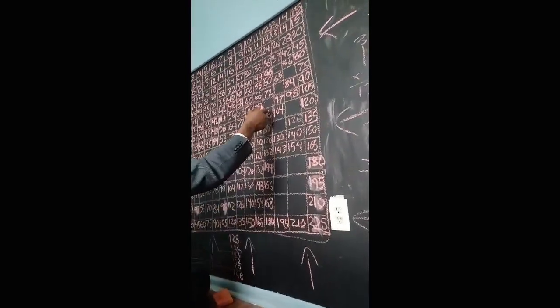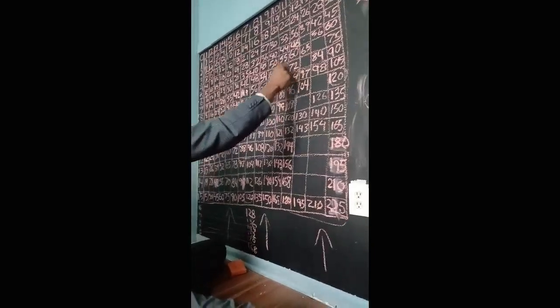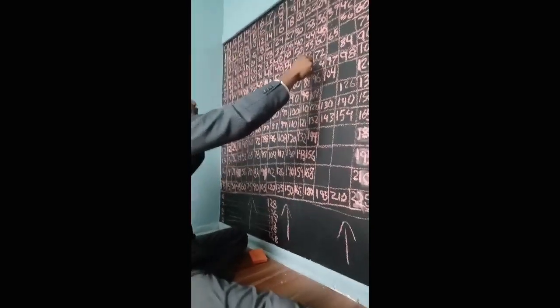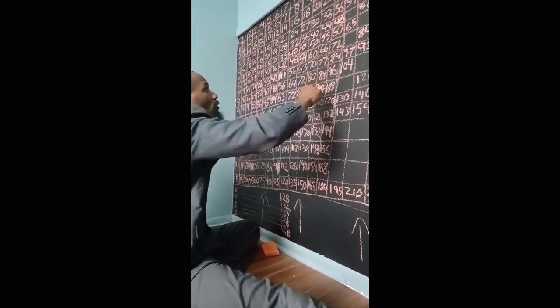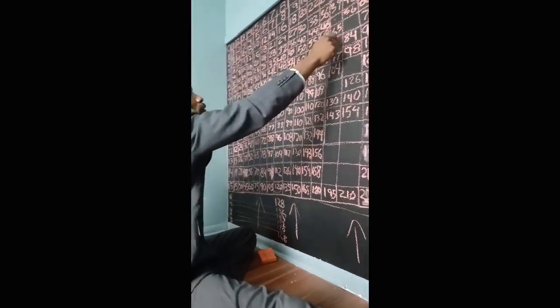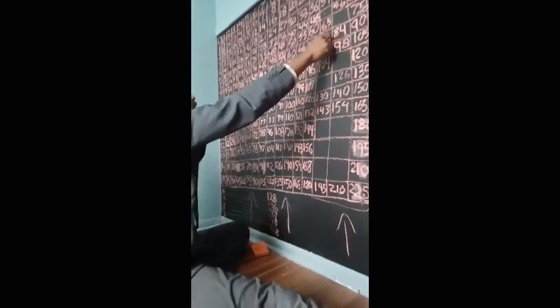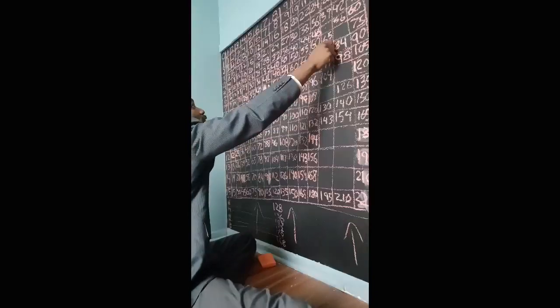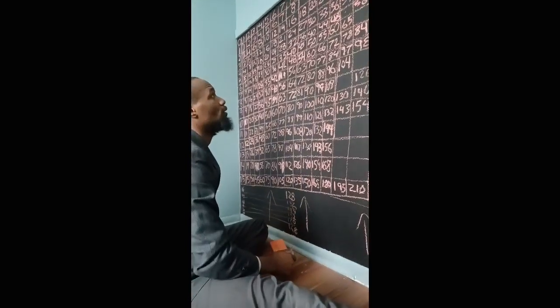What do we got here? 12 times 7 is 4. Carry the 1. 14. 7 times 1 equals 7 plus 1 equals 8. 84. What's this? 13 times 6. 3 times 6 is 18. Carry the 1. 6 plus 1 equals 7. 78. That seems wrong.